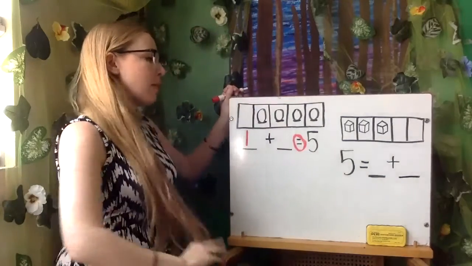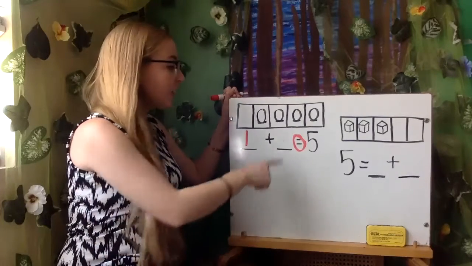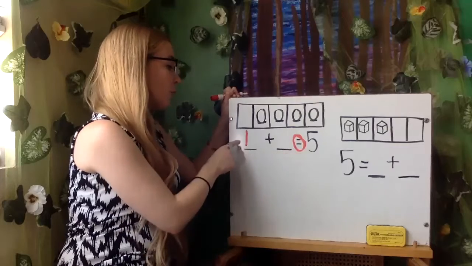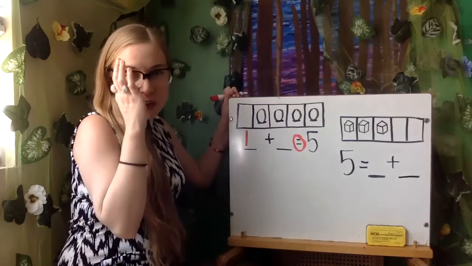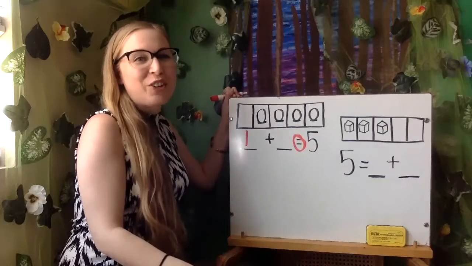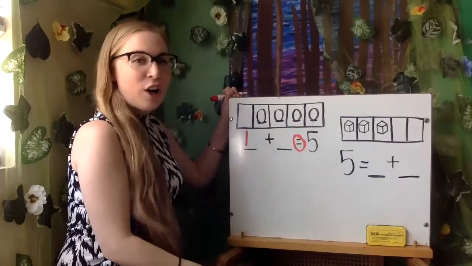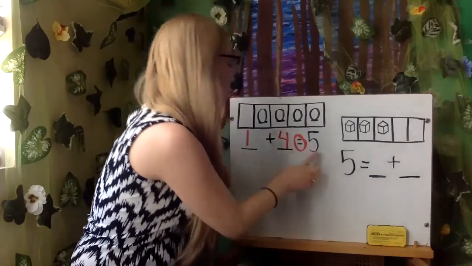The next step is to count the spheres that are in that 5 frame. And that's going to tell us how many we need to equal 5. If we have 1, 1 plus blank equals 5. So let's figure that out. We're going to count those spheres. 1, 2, 3, 4. So 1 plus 4 equals 5.